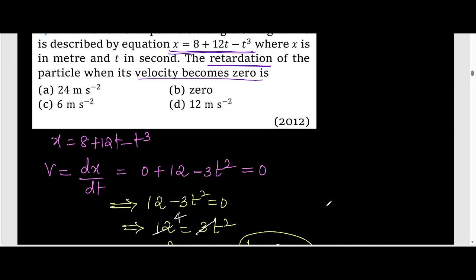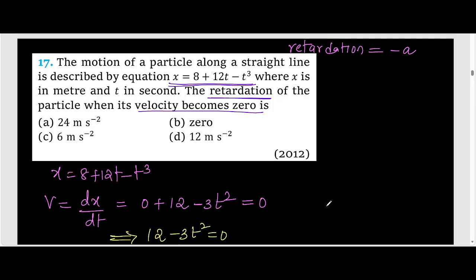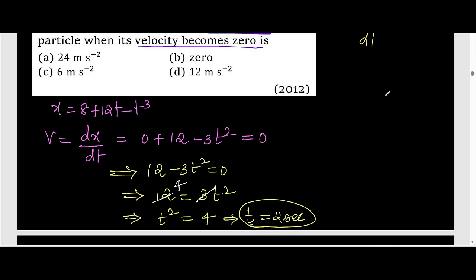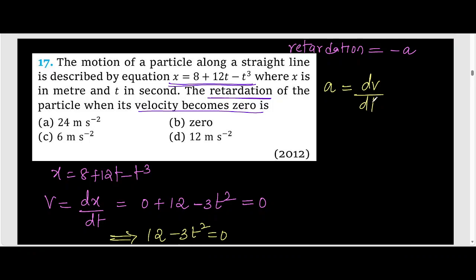What is our main question? You have to find retardation. Retardation is nothing but acceleration with minus sign. So acceleration is what? dv by dt. We got v already here, right? What is the expression for v? This was the expression for v. So just differentiate that: 12 minus 3t square.